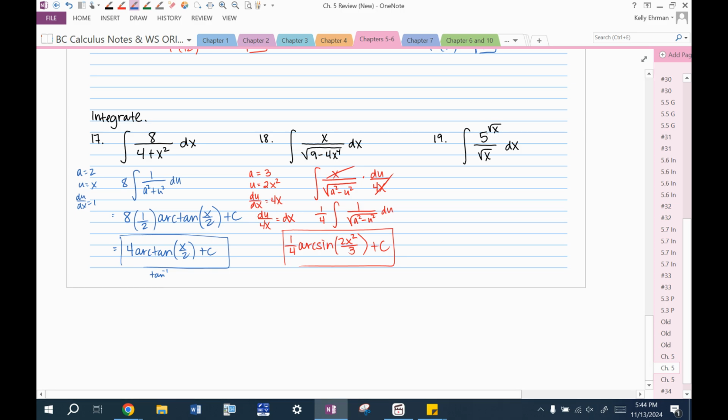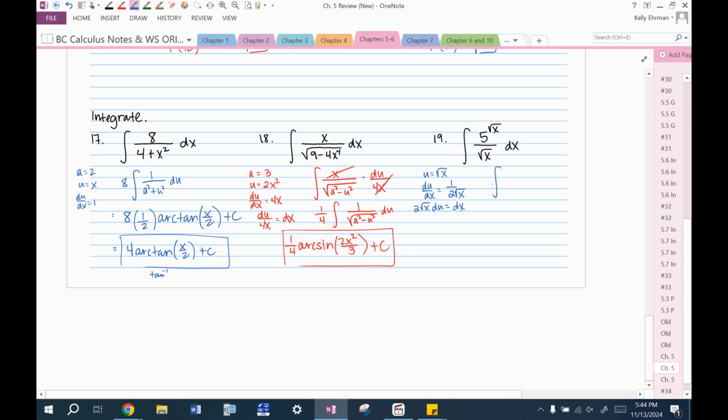What about this one? When exponentials are involved, u is always going to be the exponent. So u is going to be radical x. Du dx is going to be, so this is x to the 1/2. So 1/2 x to the negative 1/2, which puts radical x in the bottom. That means that you'll multiply 2 radical x over here times du to get dx by itself.